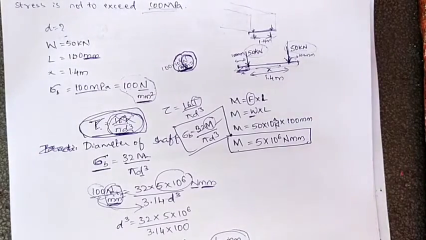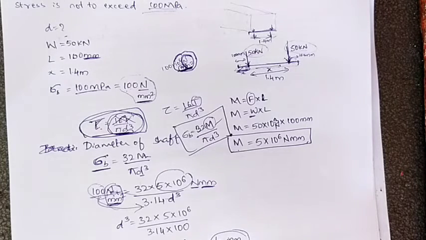This particular problem is a little bit different from whatever we have solved using torque. There, power and RPM were given, so we were finding the torque. Using that torque, we used 16T by pi d cube and found the diameter of the shaft.